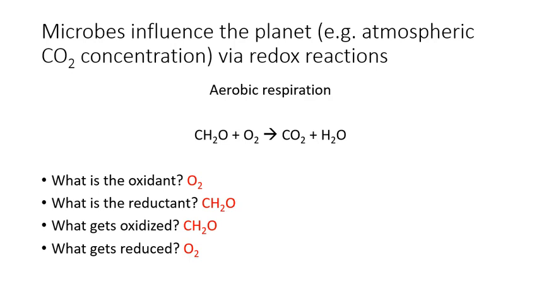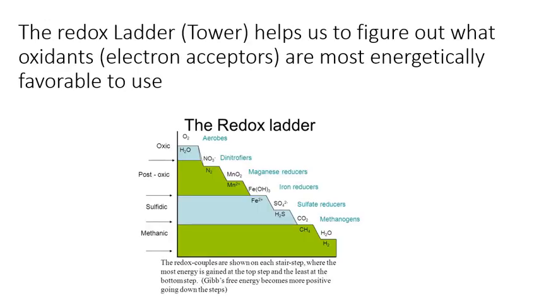It is losing electrons. This is a very simplified redox ladder, or sometimes called a redox tower, and it just shows you the order that common oxidants, which are found on the top side of the steps in the staircase, will be used according to how much energy they yield by pairing with a reductant, which is on the bottom side of each step.